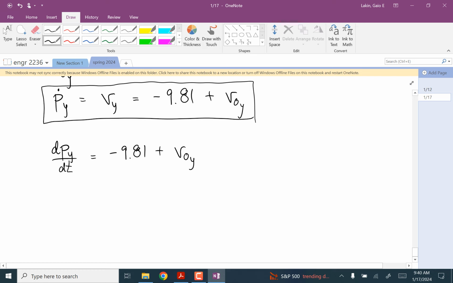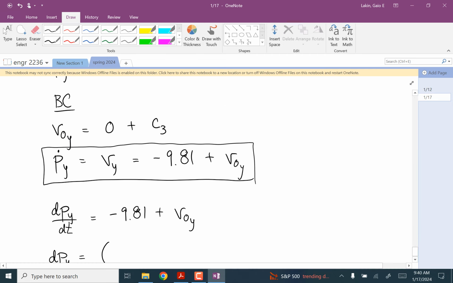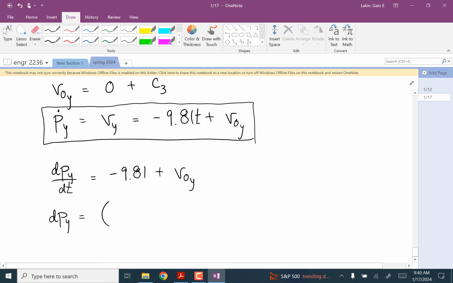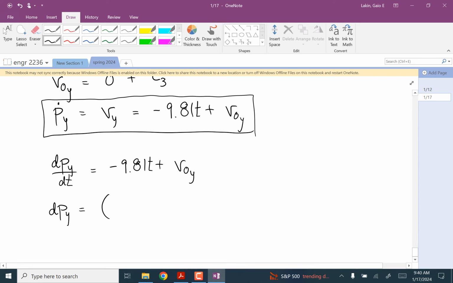So separate variables, dpy is equal to, I am missing a t. Yeah, thank you. Negative 9.81 t plus V0y dt.